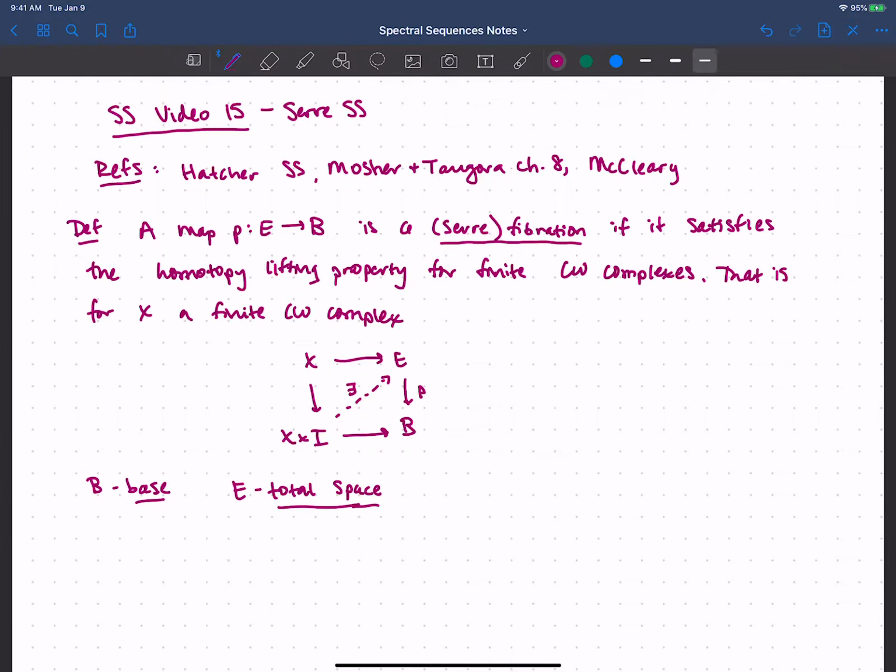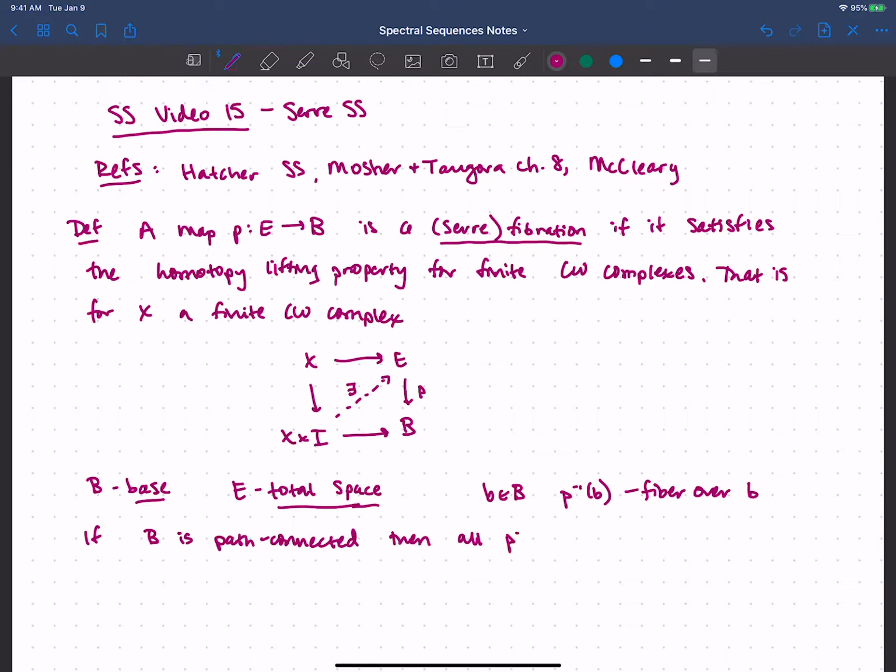And if I have some point in B, then I can look at its preimage in the total space, and this is the fiber over that point. And in general, if B is nice, really I just need path connected, though often in this world we'll want simply connected, as we'll see.